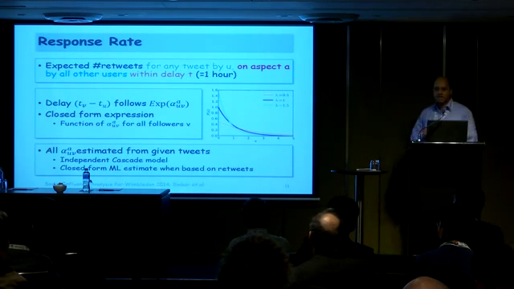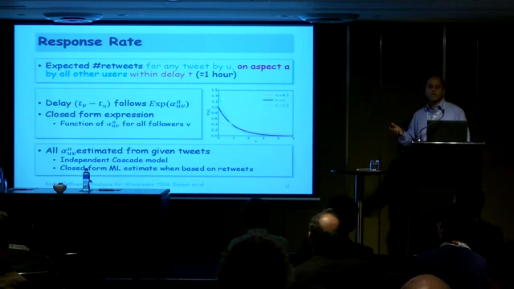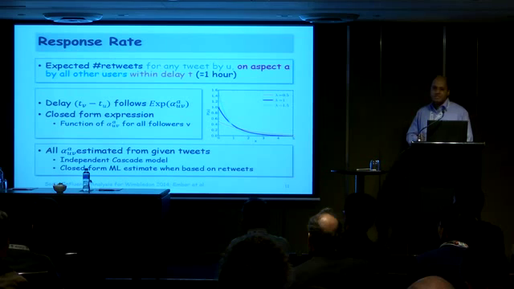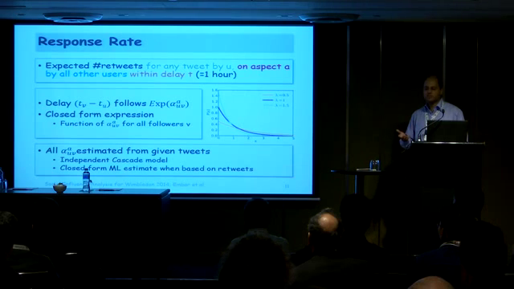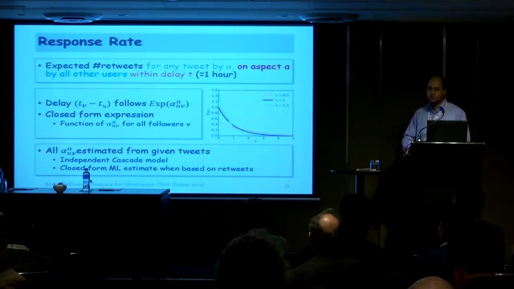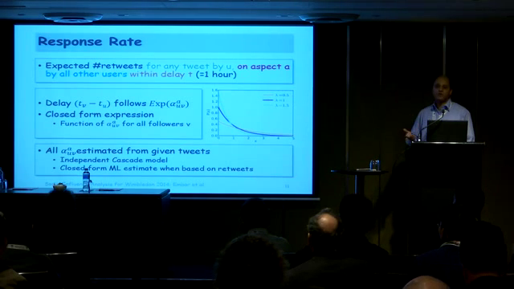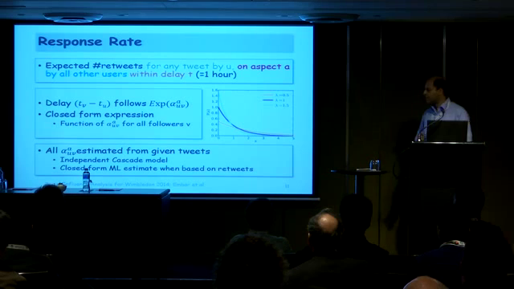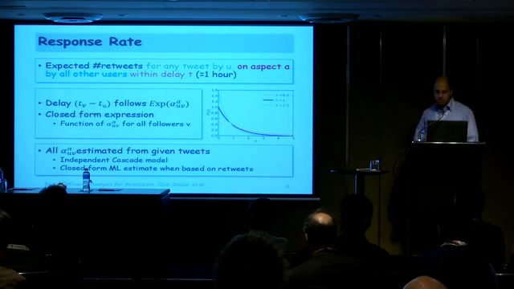But the issue is that these parameters are, of course, not known. So we'll have to estimate them from data. In general, it is a computationally very difficult problem, but we figured out that when we restrict ourselves to retweets, essentially when no latent variables are there and all the variables are observed, there's actually a closed form solution for the maximum likelihood estimate for these parameters. And that is what we used for our work.